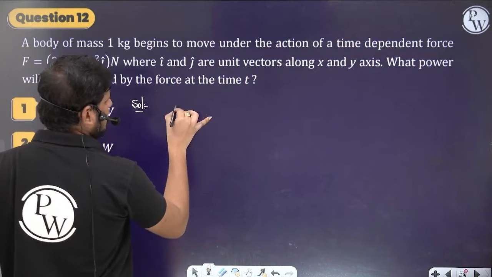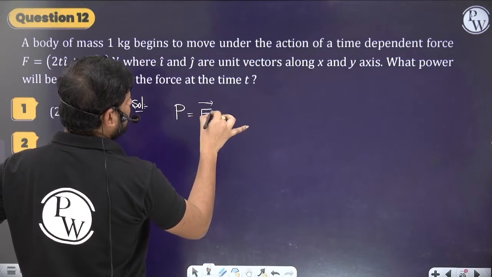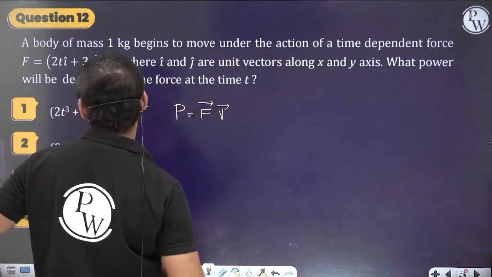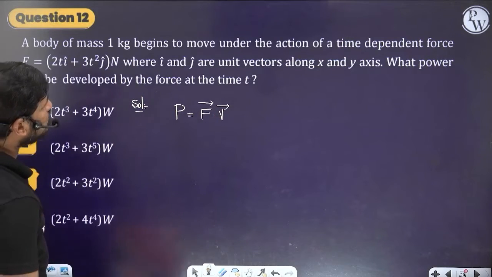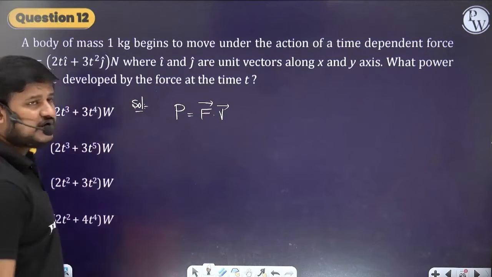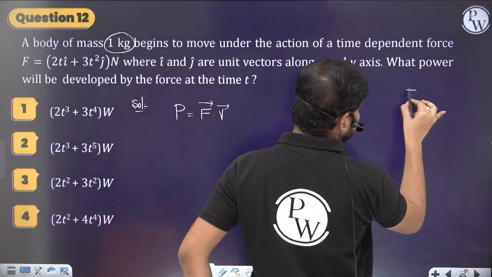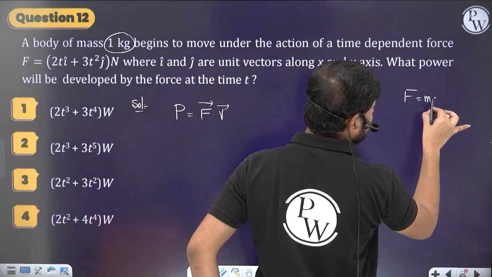So we know that power is equal to force dot velocity, so that's why I am writing F dot v. But the thing is, I don't know what v is here. Force function I have, but I don't know v. I know the mass, so shall I use the simple equation F equals ma?